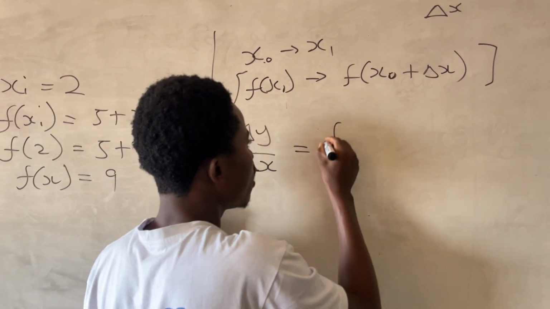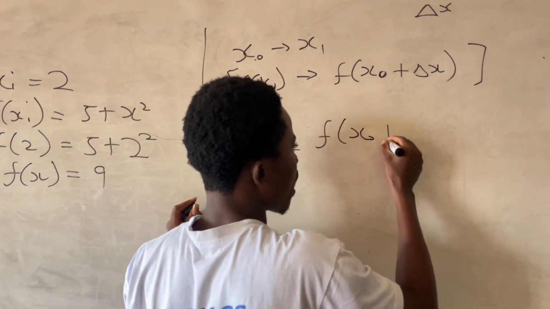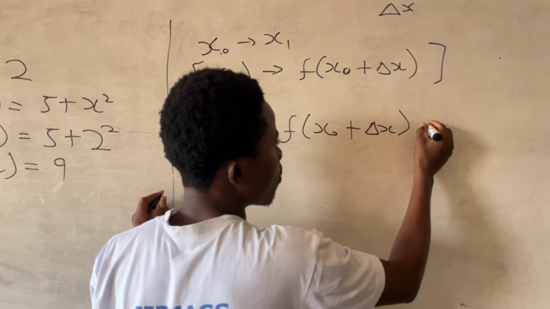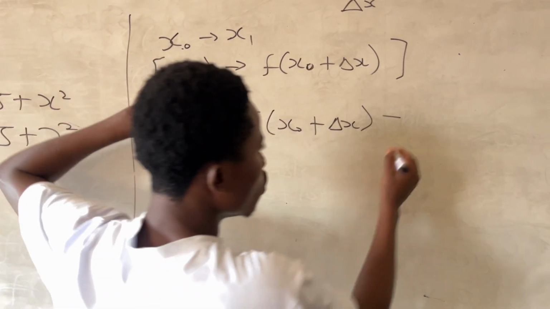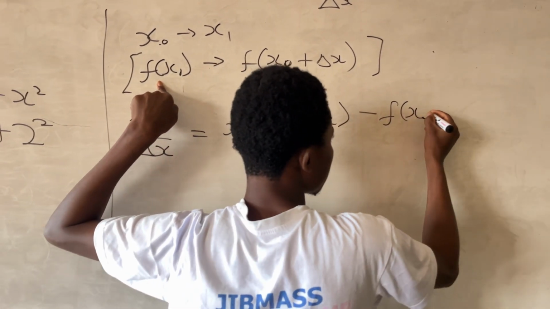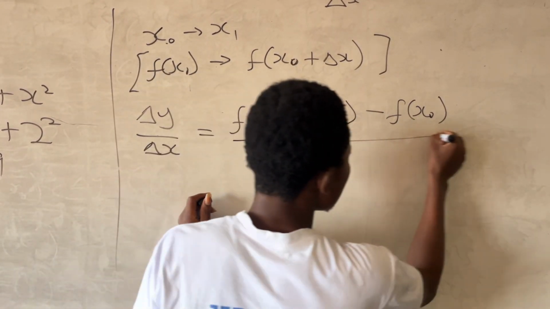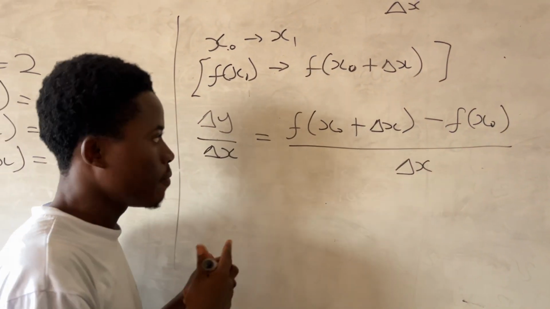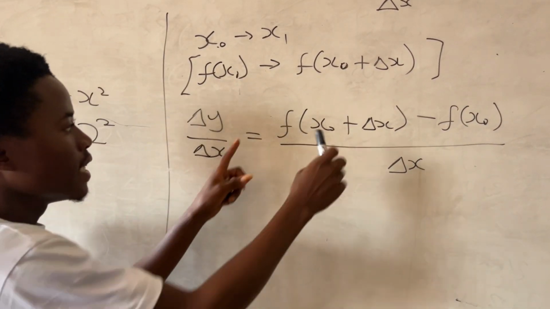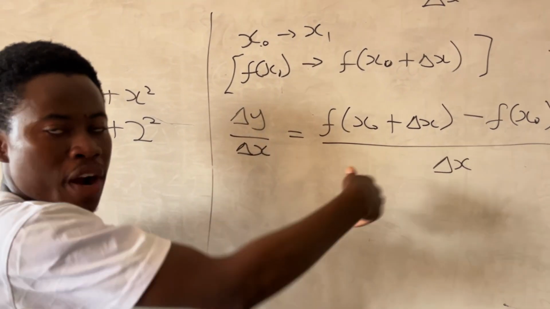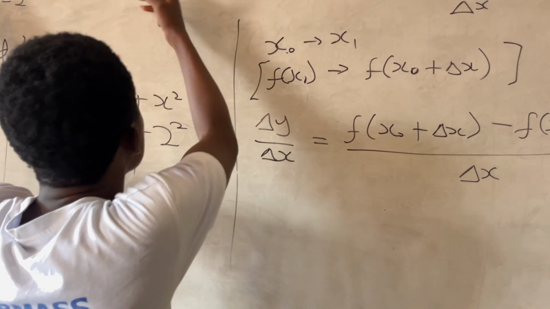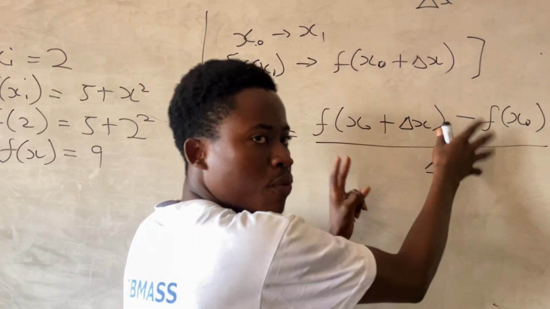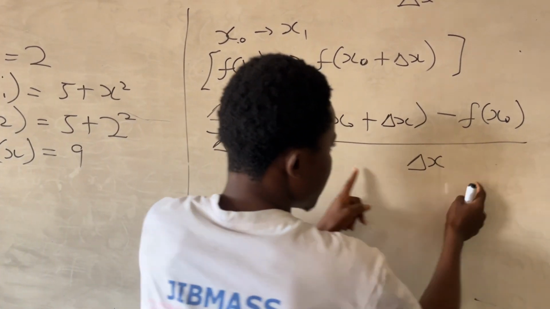So we have f of x naught plus the change in x, minus the initial value, which is f of x naught, all over the change in x. Right? So basically, this is the difference quotient. All we did boiled down to the difference quotient, which is this formula.